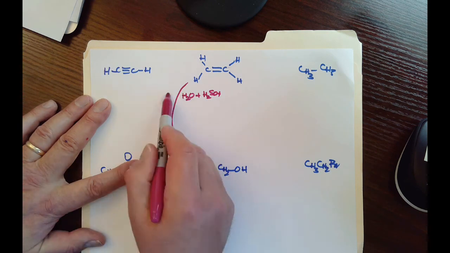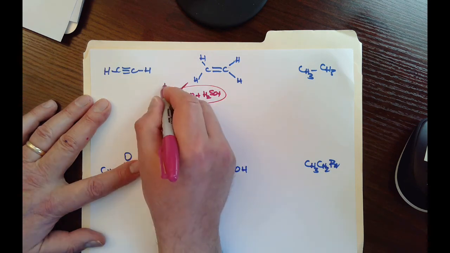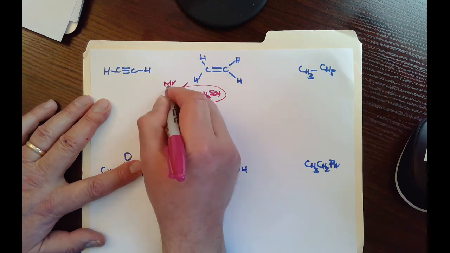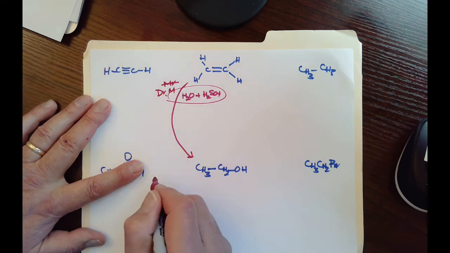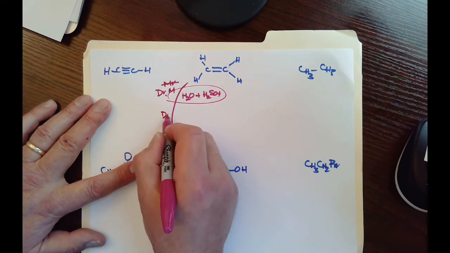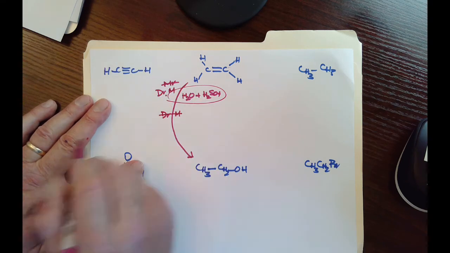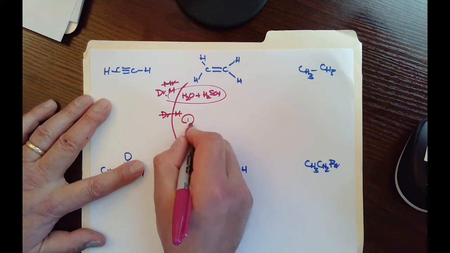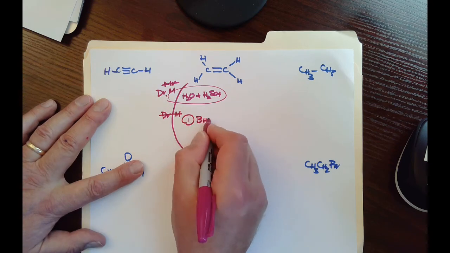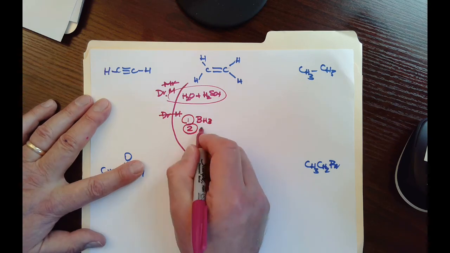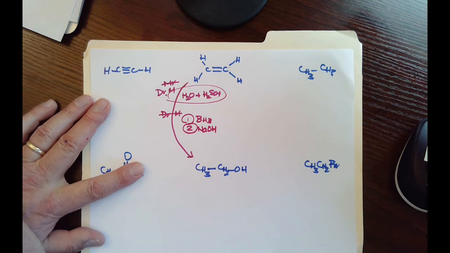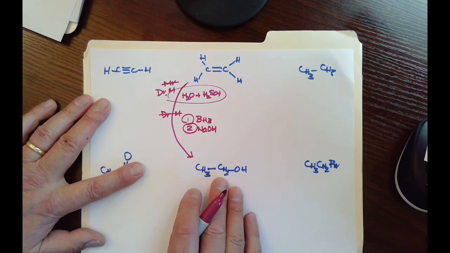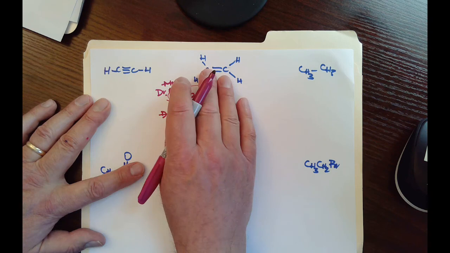This was Markovnikov. The other way we learned, which didn't follow Markovnikov, was first borane, followed by sodium hydroxide. So that combination made H and OH, which is here. 2 carbon units, 2 carbon units.